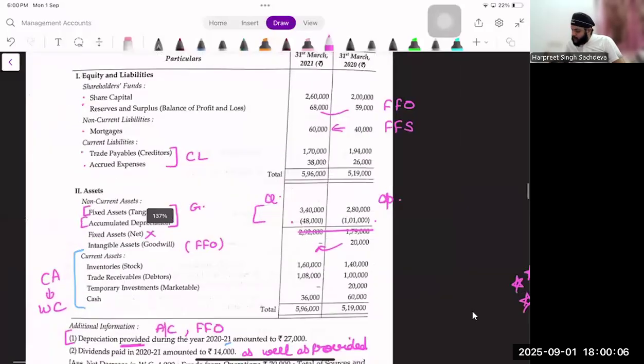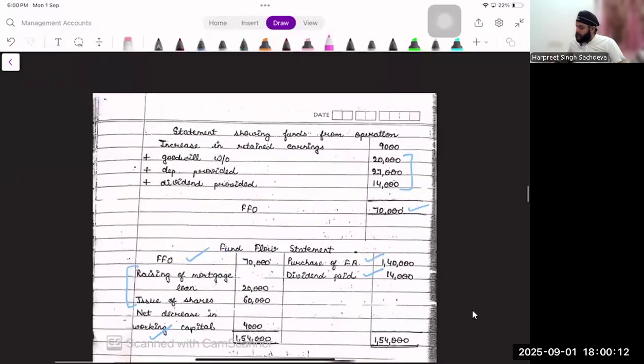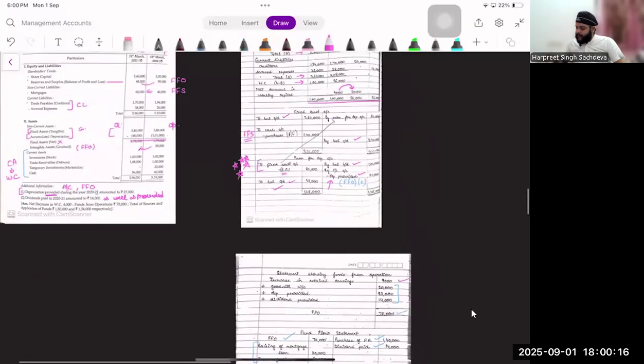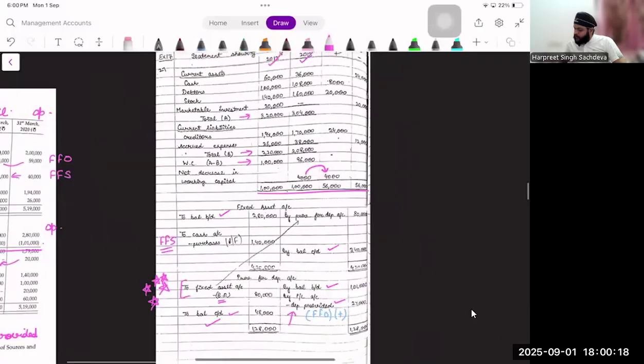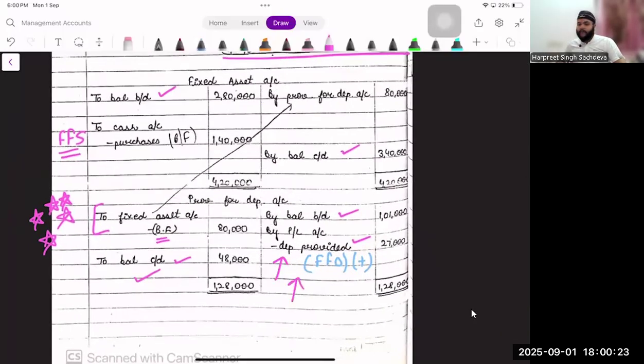Funds from operations will start with reserves and surplus, the increase in reserves and surplus, the difference between P&L 59 and 68. This is 9,000. Then second, we discussed any point in these accounts, yes, by P&L, depreciation provided. So depreciation provided will be added in the funds from operations.